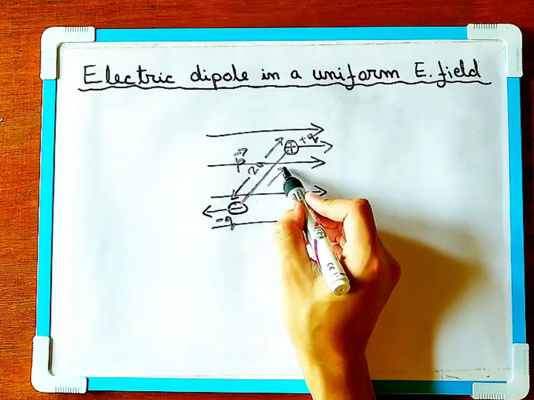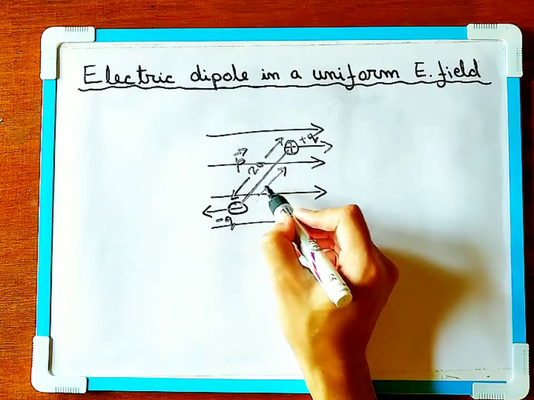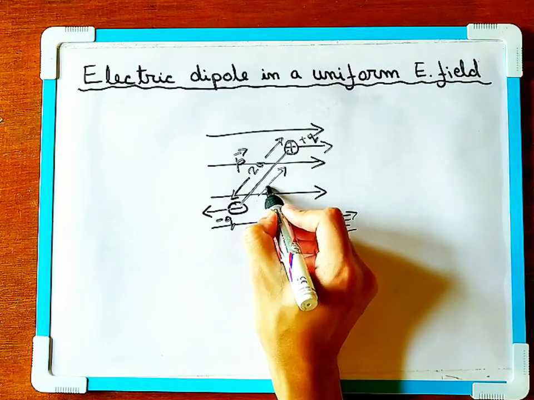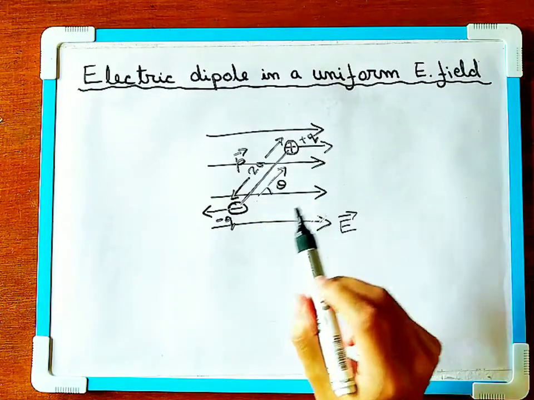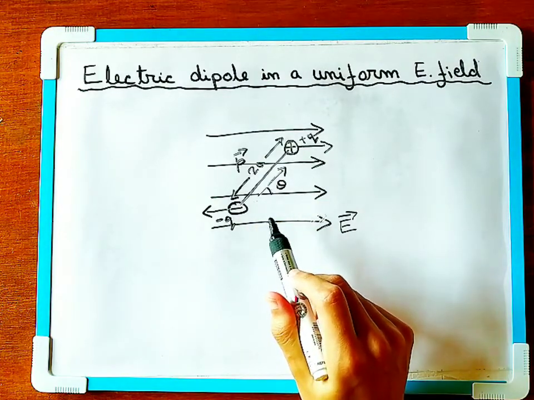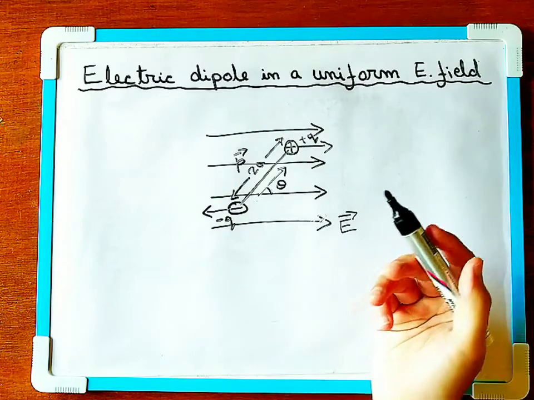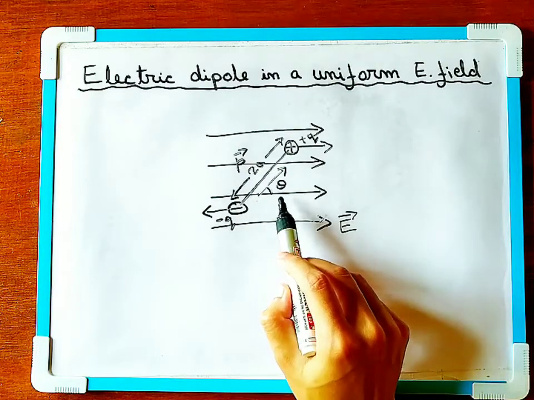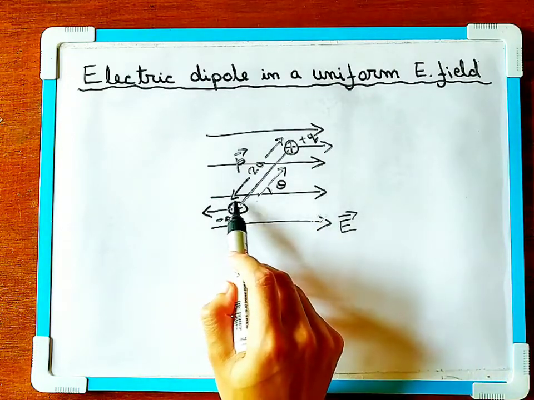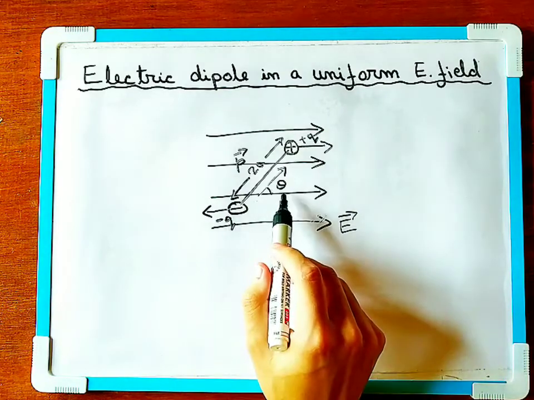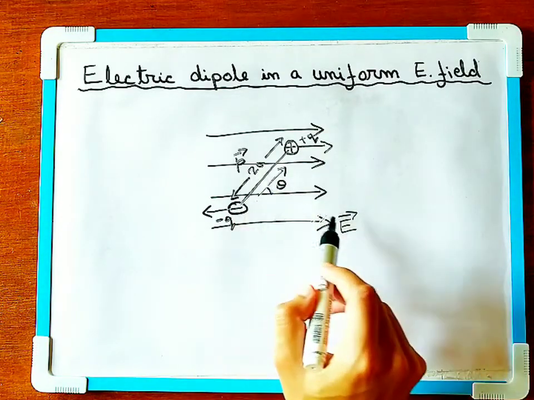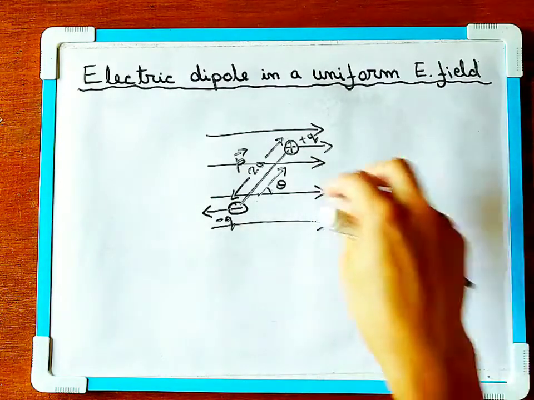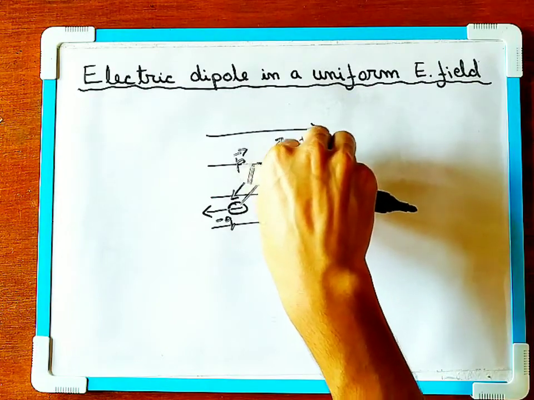And you can see here that the P vector makes an angle theta. So we place an electric dipole inside a uniform electric field such that the dipole moment, vector P, makes an angle theta with the direction of the electric field. So this theta is the angle between the P vector and the E vector.